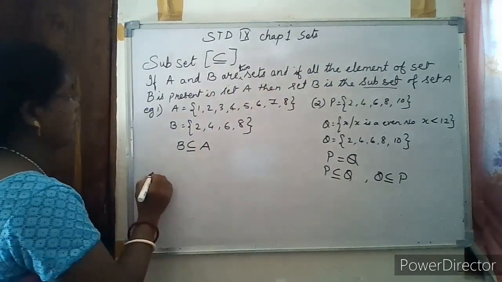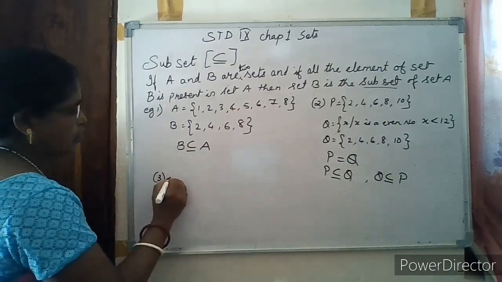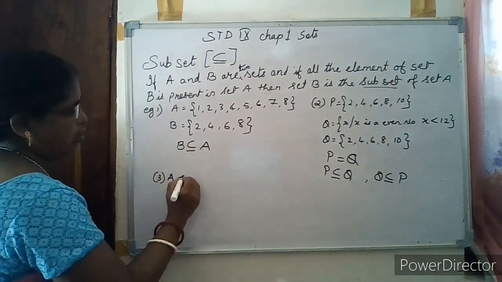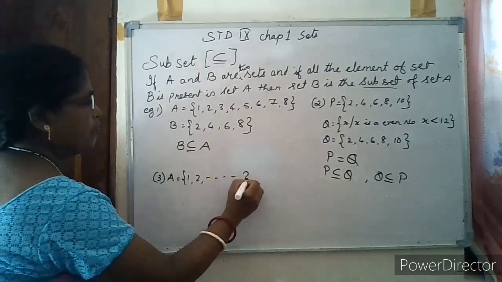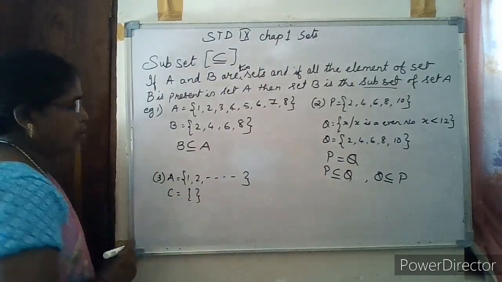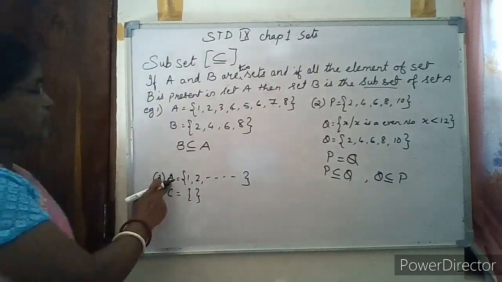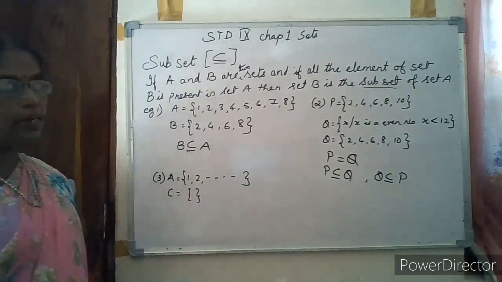Now let me take another example. You can see that set A is the set of natural numbers. Set C is an empty set.